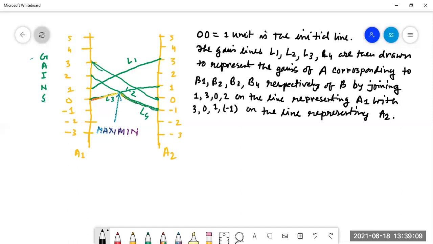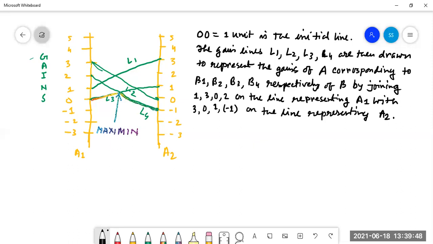That is, these are the points: for the first one 1, 3, then here it is 0, 2 with the 3, 0, 1, minus 1. That means L1 lines 1 to 3, so 1 to 3 means the L1, 3 to 0 means the L2, 0 to 1 is the L3, and 2 to minus 1 is the L4. That is drawn here.